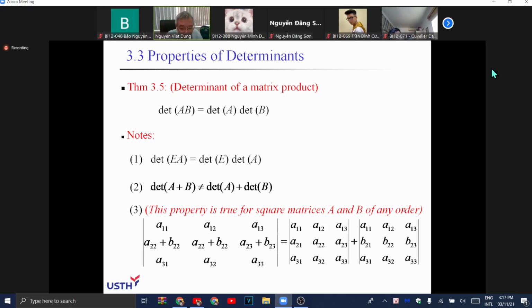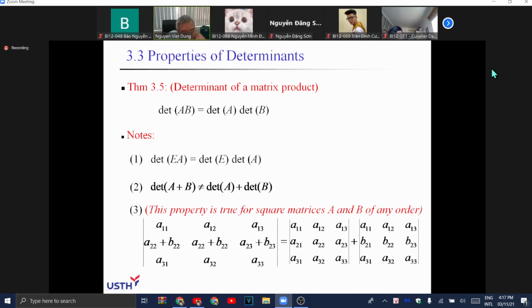And in the formula here, I made a mistake, and none of you showed me that mistake, so I will tell you here. Please look at the mouse on my screen. Here, at this place, it is A21 plus B21. That is my mistake in preparing the slide for today. Yes, A21 plus B21. Please correct it in your slide.